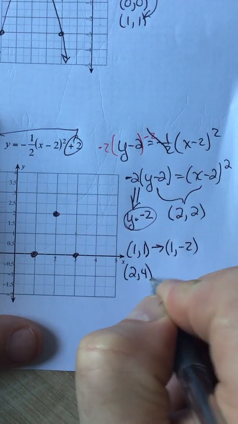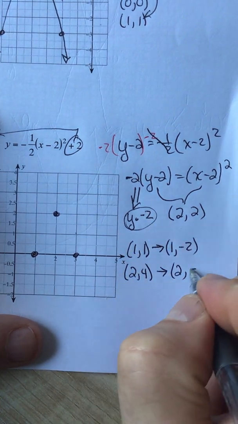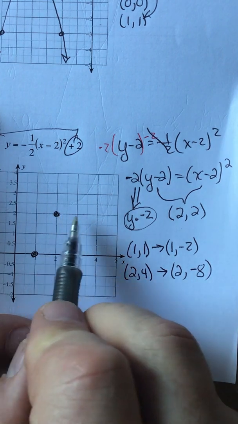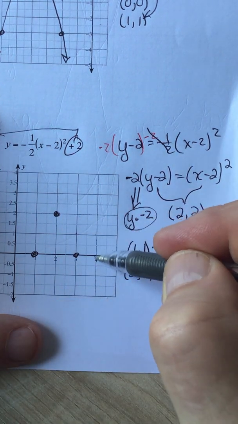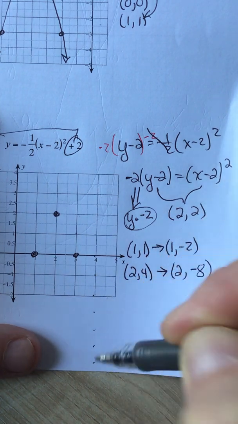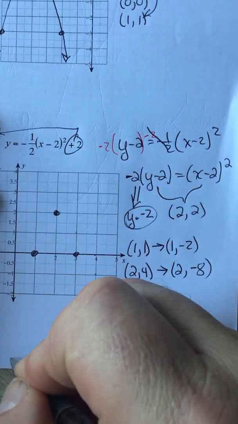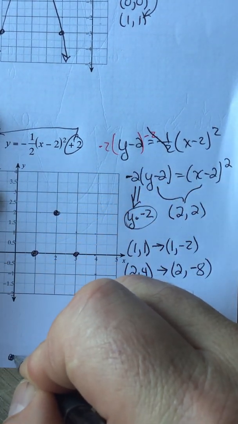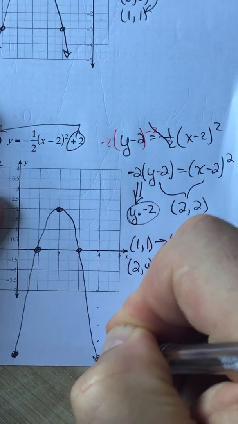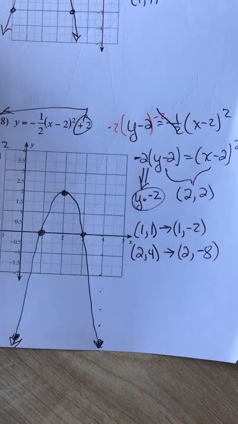What's supposed to be 2, 4, the y part gets negative doubled, so it's going to be going down 8. So from here I'm going to go over 2, down 8. 1, 2, 1, 2, 3, 4, 5, 6, 7, 8 down here. And then 1, 2, down 8. There's our parabola for that one.